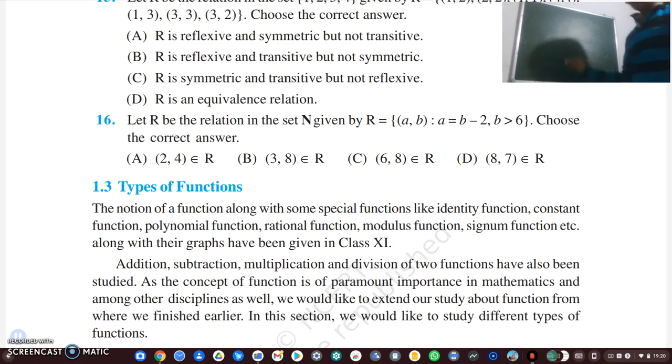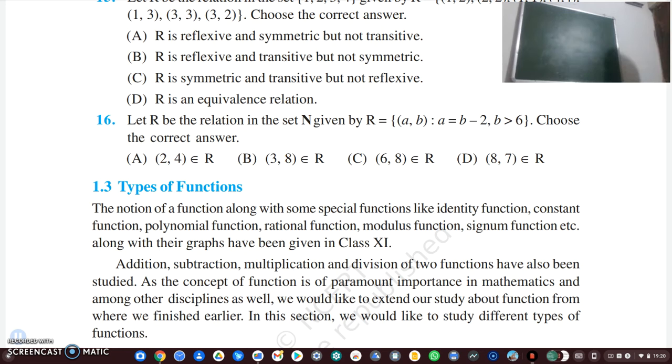If the domain is 1, 2, 3, and the codomain is for example 1, 8, 27, 64 and 125, then we can have a function from set A to B. The function would be f(x) equal to x cube, and f(x) can be written as y. So y equals x cube.